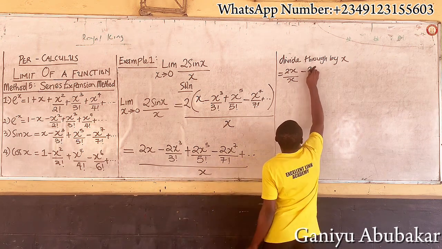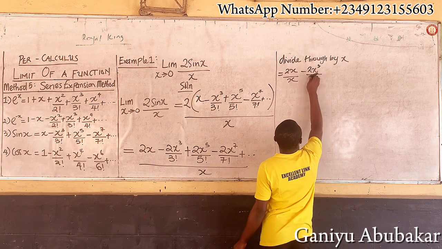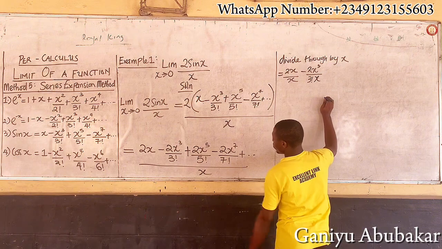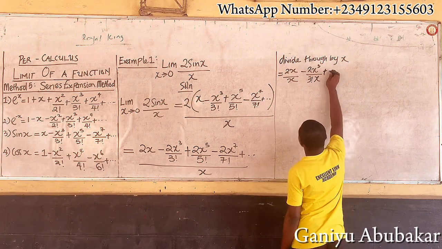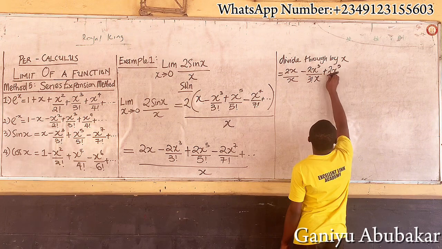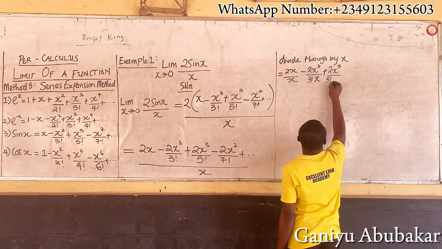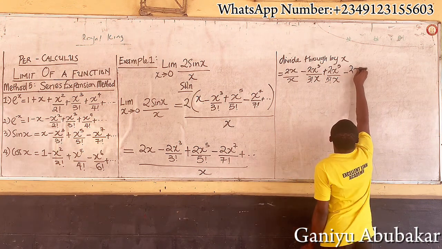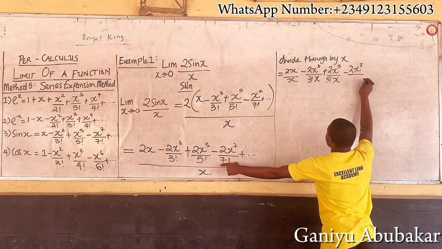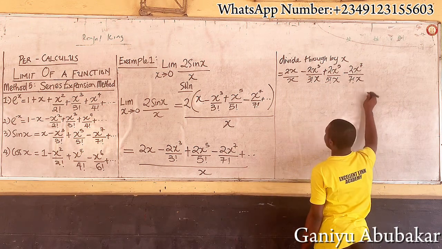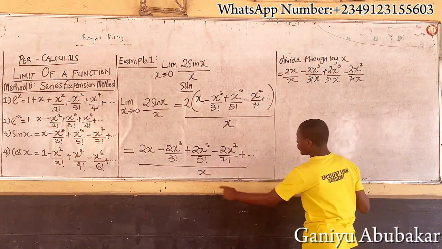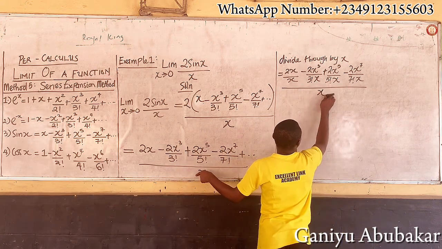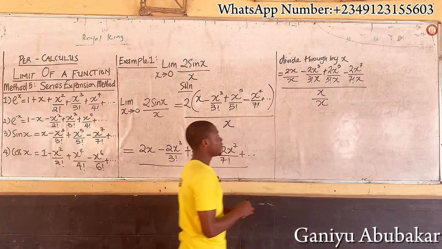Minus 2x cubed over 3 factorial, we said divide by x, so by x will be down. Plus 2x to the power 5 over 5 factorial divided by x, minus 2x to the power 7 over 7 factorial then over x, and then it continues that way. So all over, this is x divided by x over x.